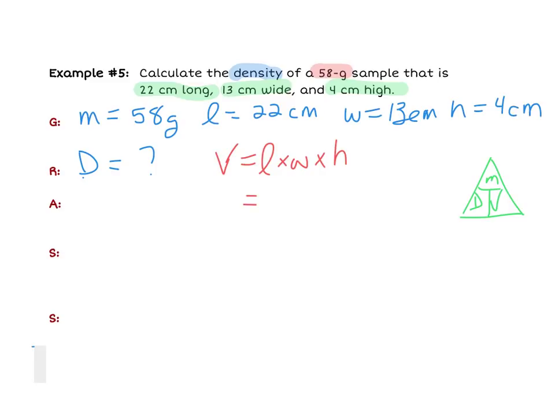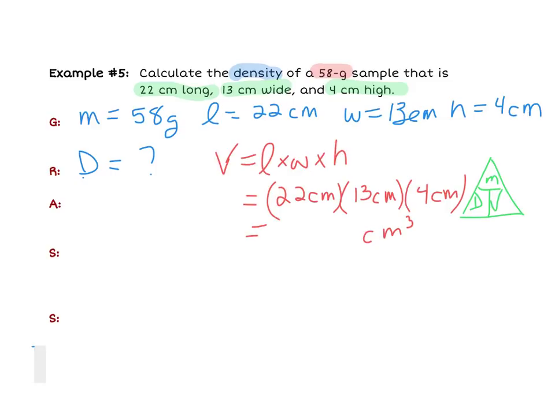So I'm going to say 22 centimeters times 13 centimeters times 4 centimeters. And you'll notice here I have centimeters times centimeters times centimeters, and that will give me cubic centimeters. Now I'm going to multiply these values through.